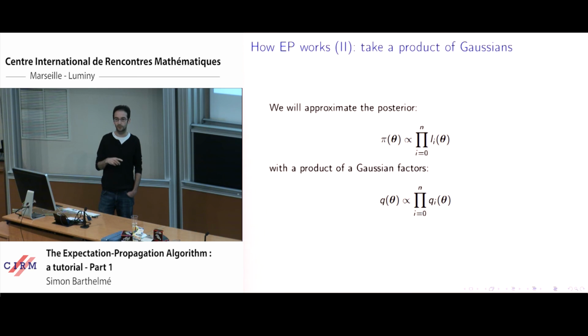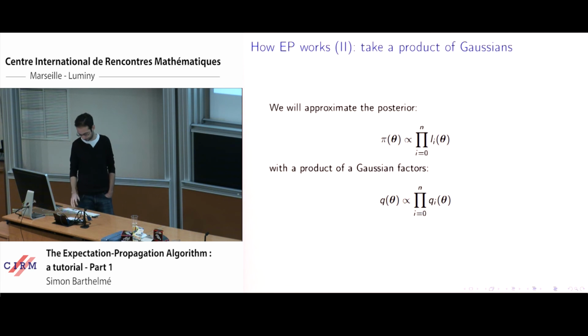You're not saying that there's some independence in Q. You're just saying that Q is a product. Here, there's no index on theta. I'm taking a Gaussian distribution that's not going to have any independence; typically, everything is going to covary with everything else. So it's a very different approximation than what you see in VB.